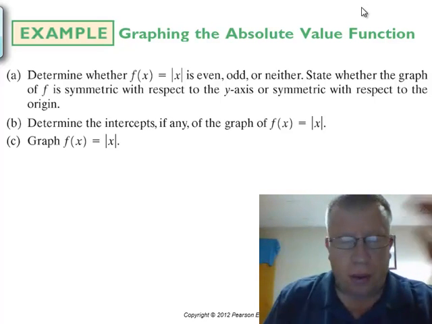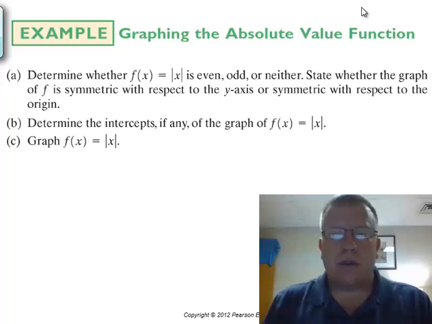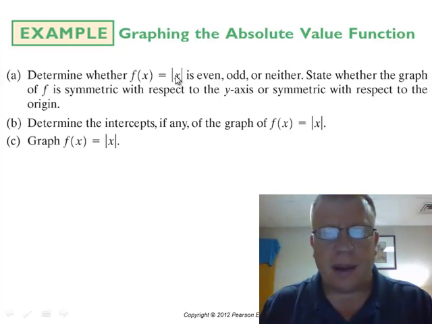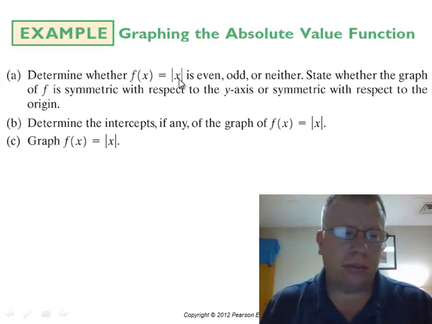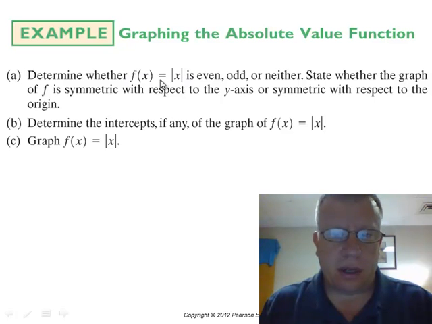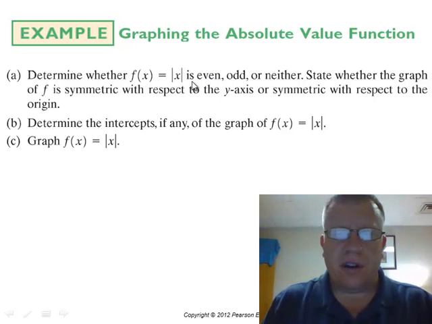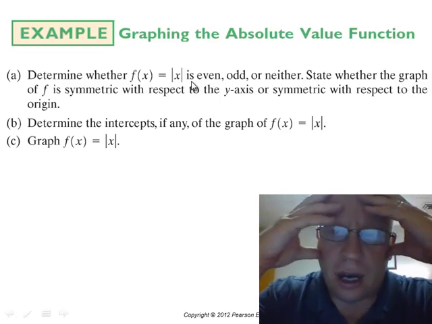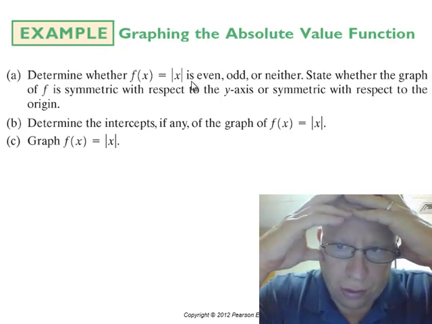Now, we know what it means to take the absolute value of a number. Well, we can just take the absolute value of any number x. And there it is. There's that function. First question I have for you, is this function an even or an odd function or none of the above?